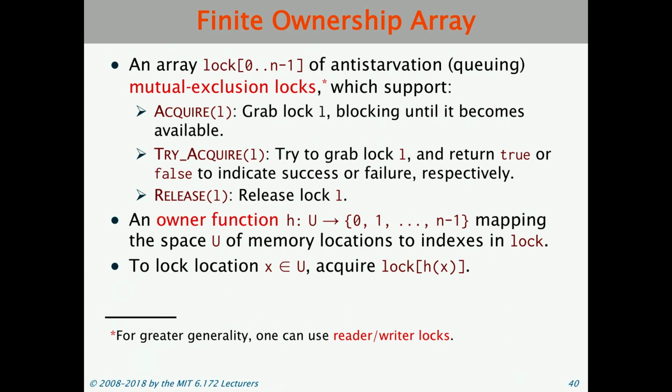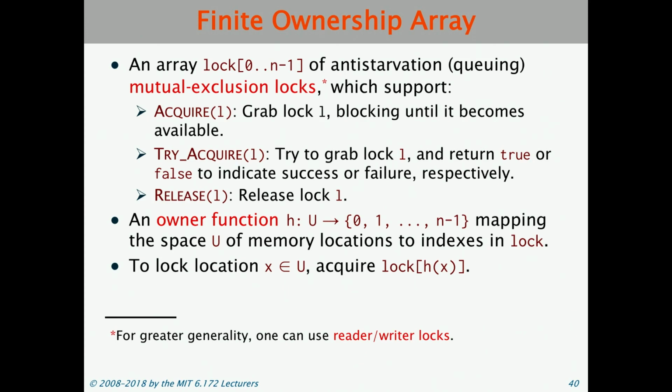Okay, so the lock array has length n, has n slots in it. To lock a location x in the set of all possible memory locations, you actually acquire the lock of h of x. So you can think of h as a hash function, but it doesn't have to be a fair hash function or whatever. Any function will do. Okay? And then yes, there'll be some advantages to picking some functions over another one.